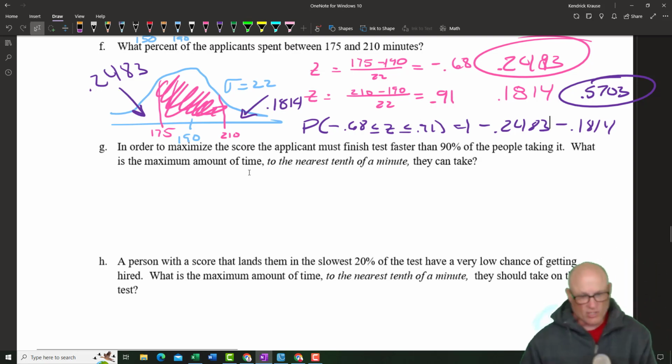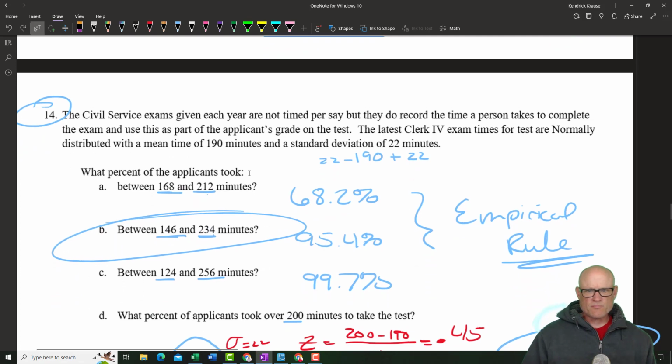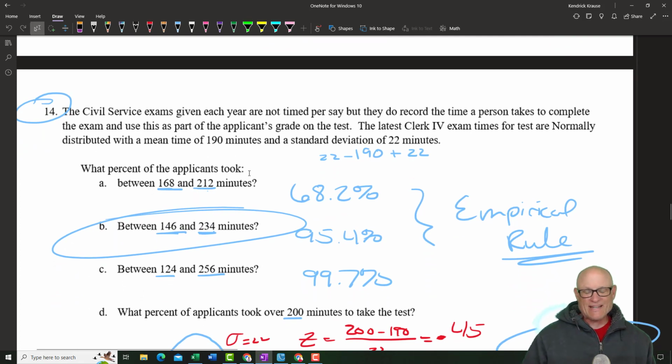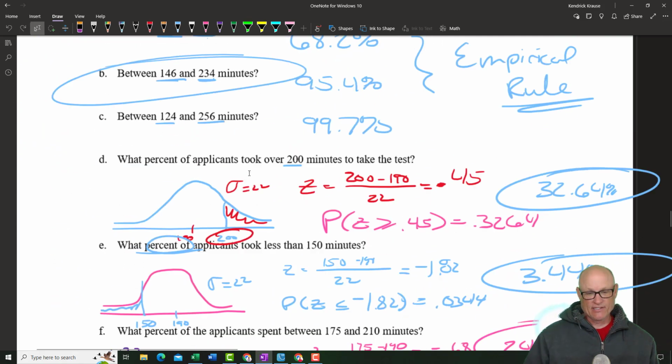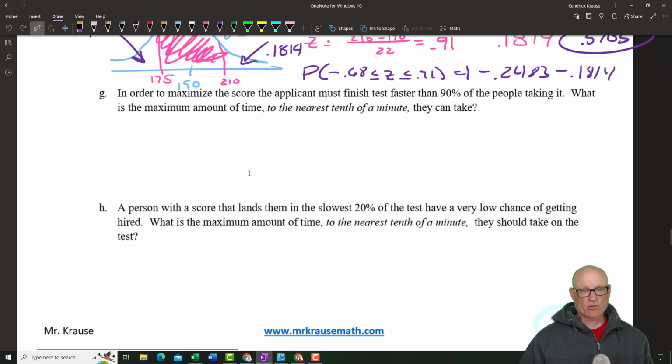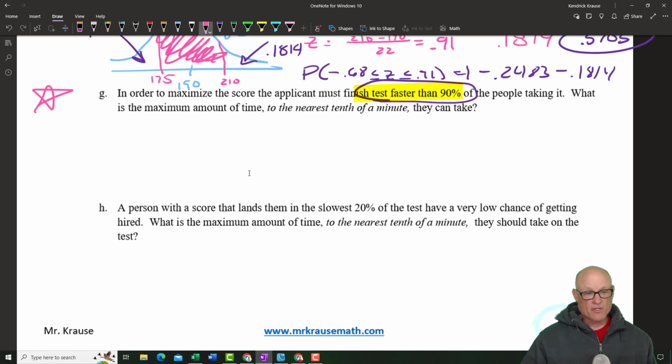All right, this question's a really tough one. Since this is an exam and you get rated on speed, a lot of you are going to do this one backwards. In order to maximize the score, the applicant must finish faster than 90%. Please understand how this problem is done. It is huge that you understand how this problem is done. So we're going to draw up a normal distribution curve.